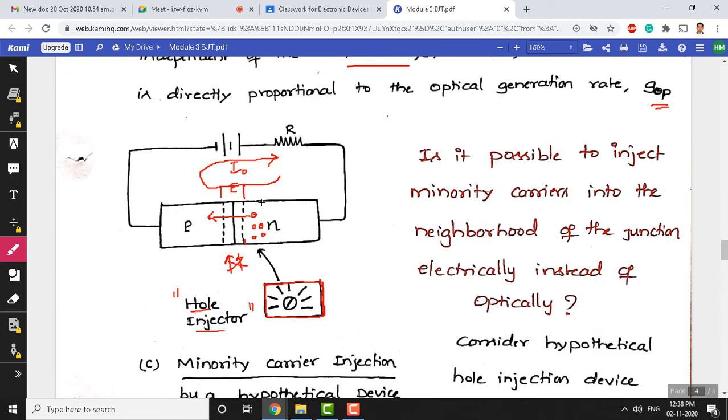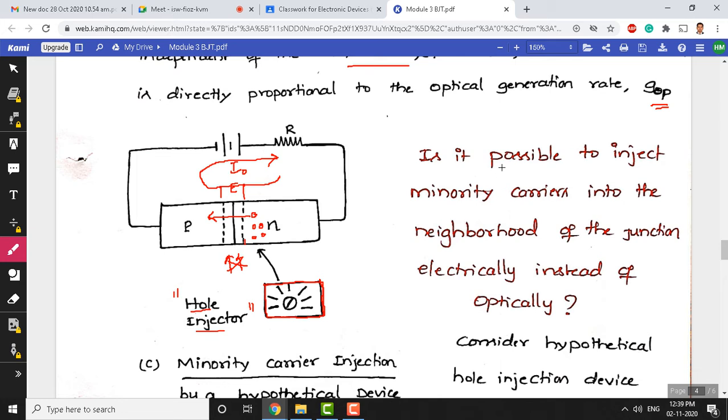This creates electron hole pairs in the N region, and once they are created, due to the diffusion process the holes move towards the depletion region, and the field acts on them and is responsible for the charge transport from the N region to the P region. That means you are going to get current I naught, which is the same as what you saw previously for optical excitation.